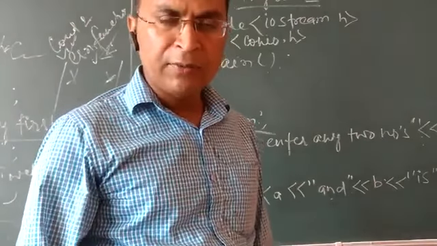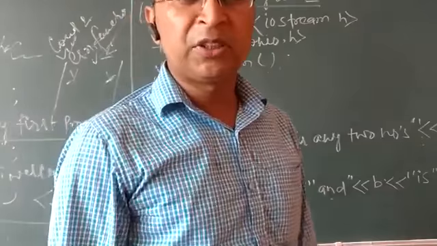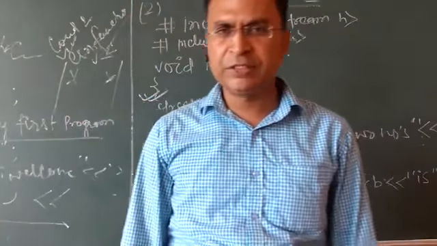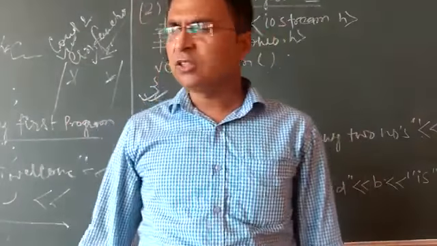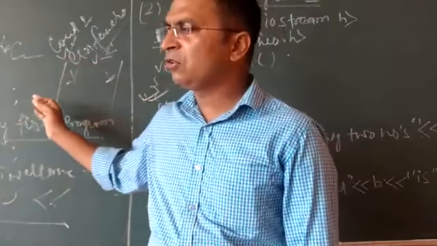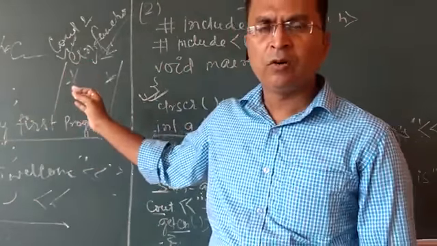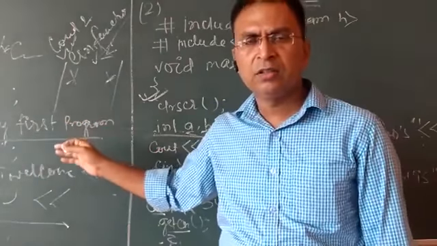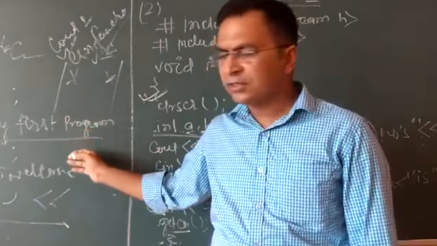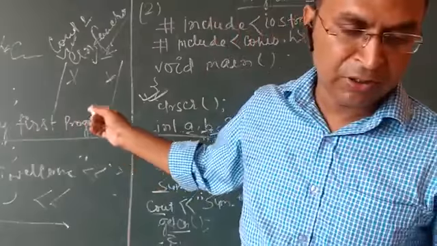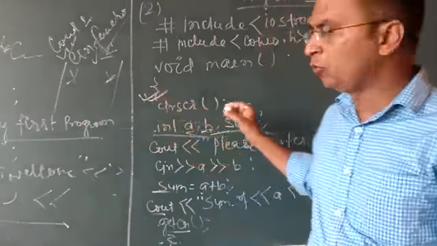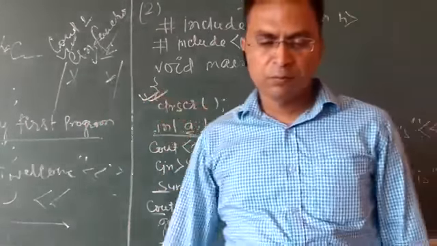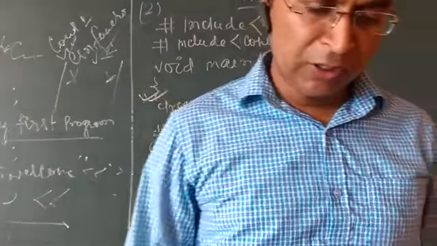Still a lot of concepts are pending, still lots of things we have to learn. So we have just seen a basic, simple program. We have already written that simple program with simple concepts. Now we will move to another part.